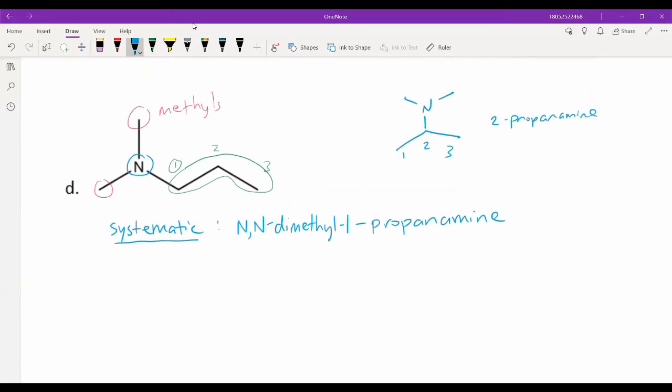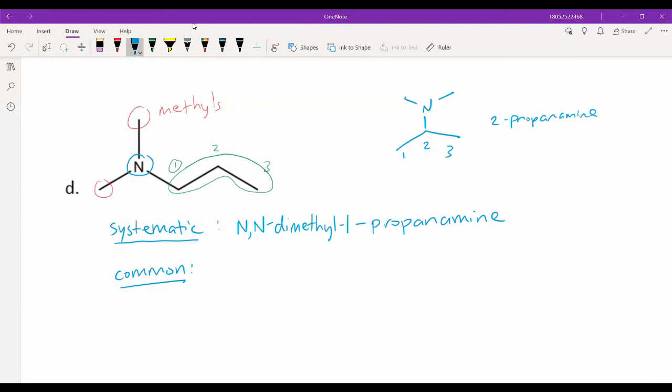So common name we can do for this one, because the way the common name works is essentially blank blank amine or blank blank blank amine. It's kind of like with the ether where you have the carbon substituents that are attached to the nitrogen. So the nitrogen is assumed to be like the parent, and then all the groups off of that are named.